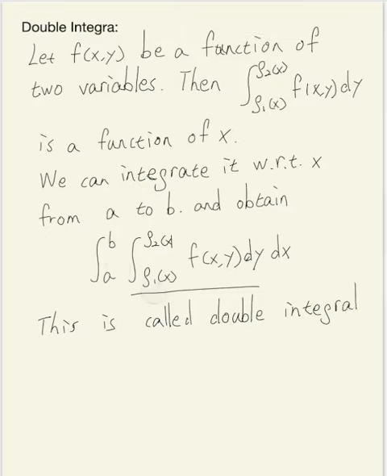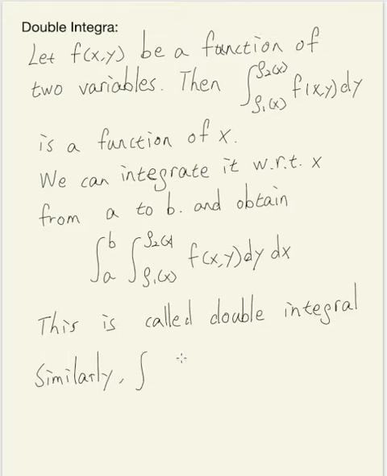So essentially, you just have a function that depends on two variables and you integrate with respect to each variable. And the result is a double integral. And of course, you can change the order of integration. You don't have to integrate with respect to y first.